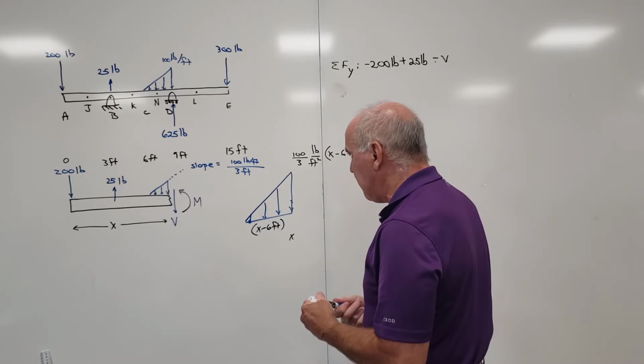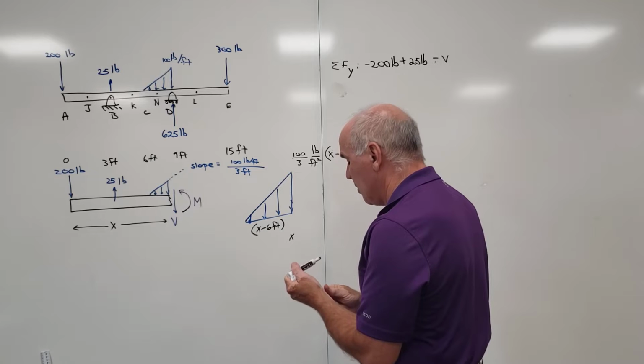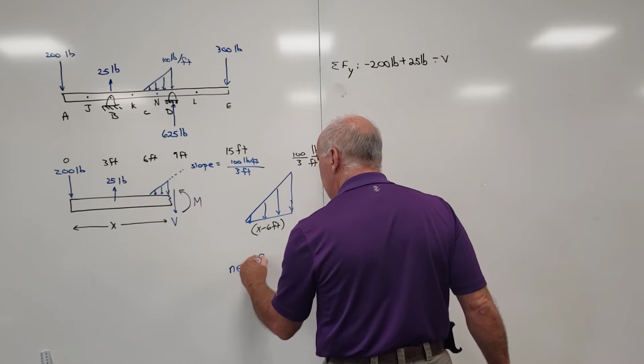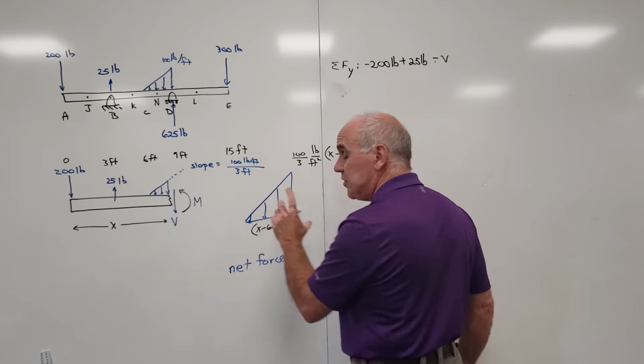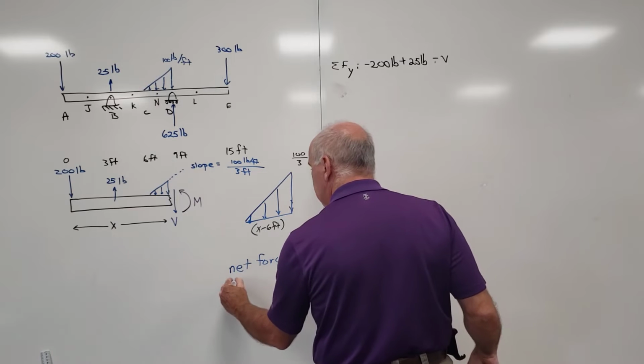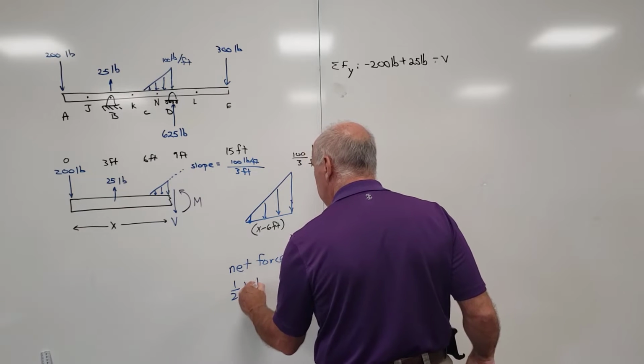And so what that means is that the net force just of the triangular section, the total force of the triangular section, is 1/2 base times height.